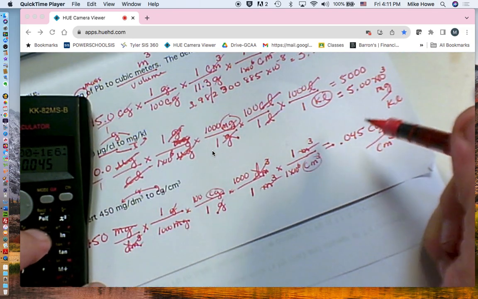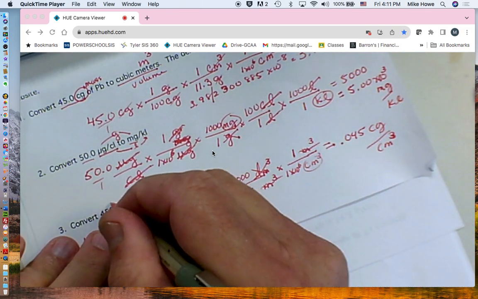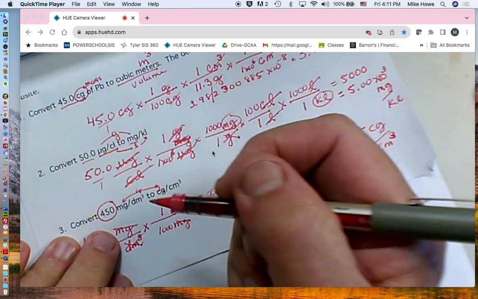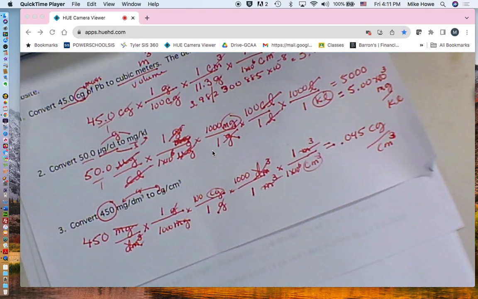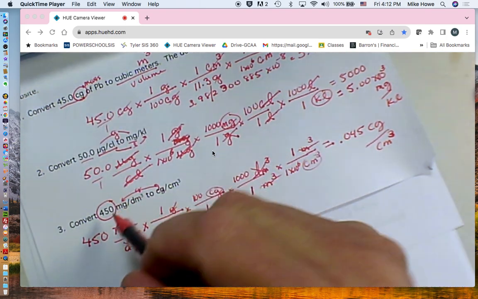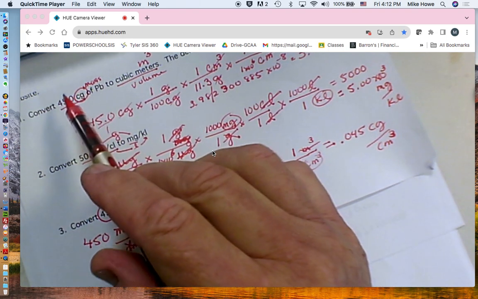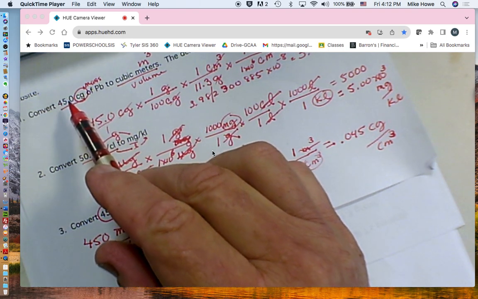All right, let's check sig figs. This number has how many significant figures? There's no decimal, so it has 2, because zeros at the end are not significant unless there's a decimal. If there is a decimal, they are significant. That's why here there are 2 significant figures, but here there are 3 because the zero is at the end.